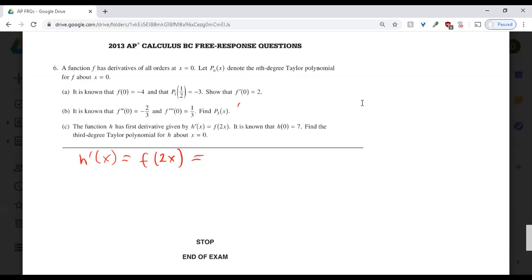So the third order polynomial is going to equal, it's -4 plus 2x using this, and then we know the first derivative is 2, so then I just times that by x.